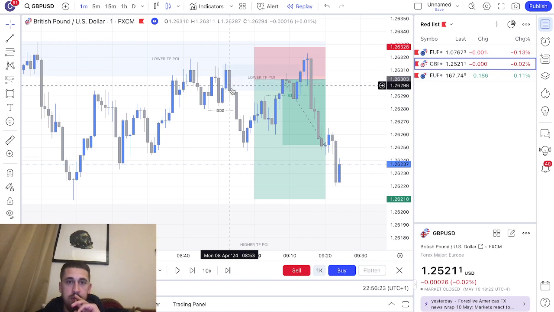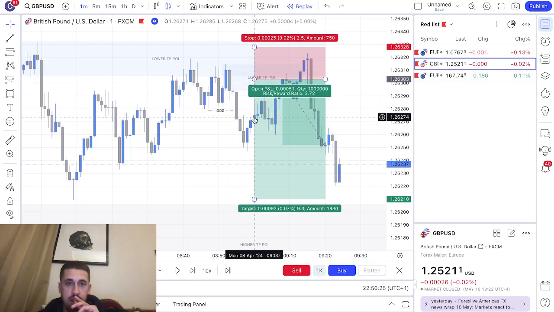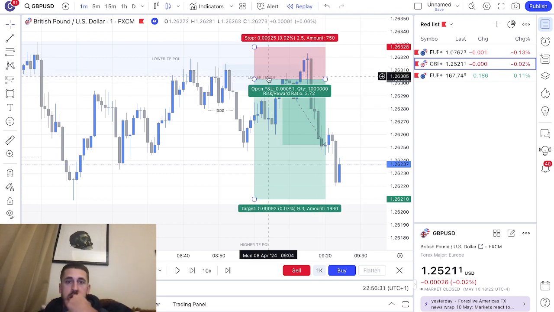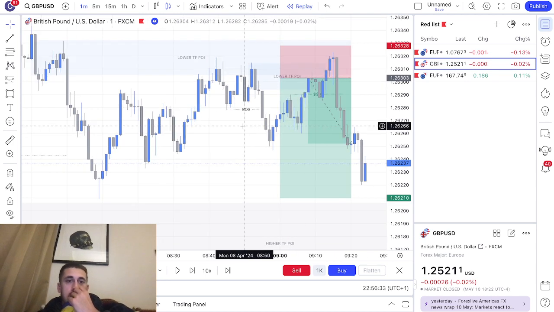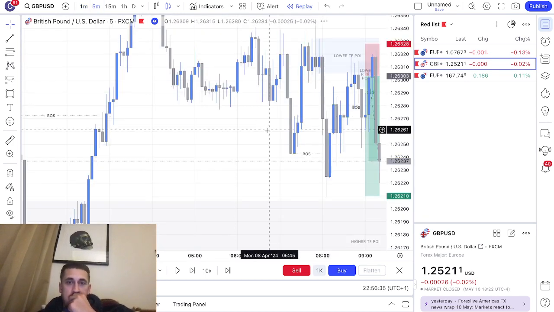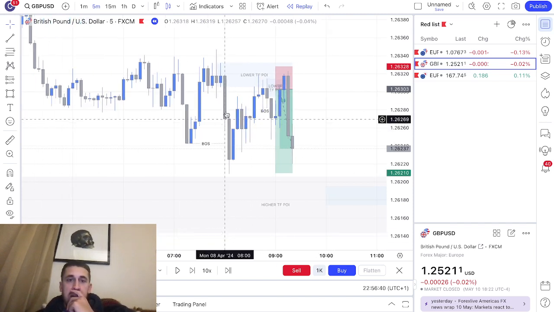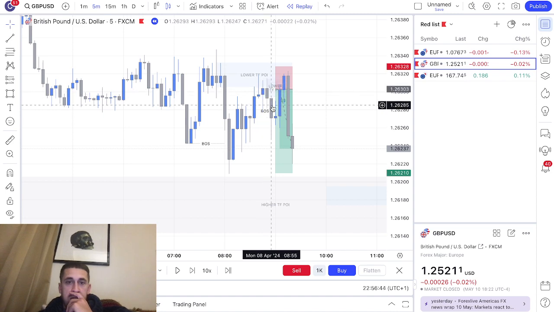That's 17 candles. I wanna say realistically how many candles it should take for it to come back. Under 20 candles.